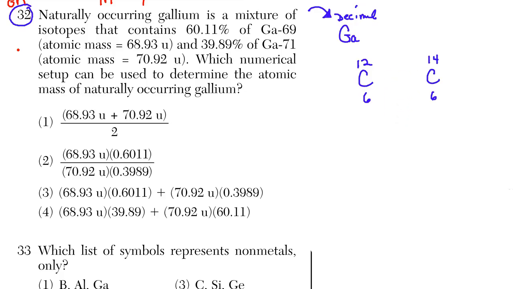So all I'm doing is 14 plus 12, and this is 26 divided by 2 gives me 13. So you would think, based on what I just did here, that the weighted average is carbon 13. It's the number in between.